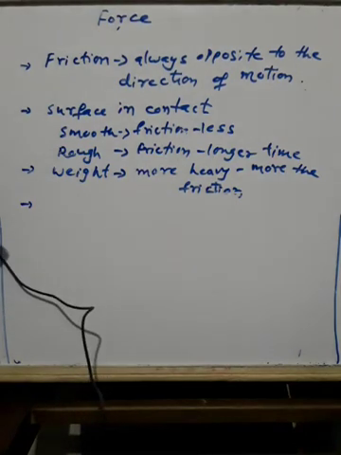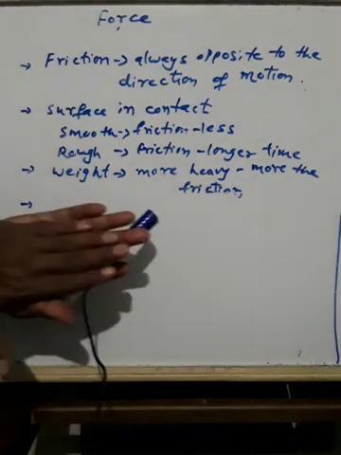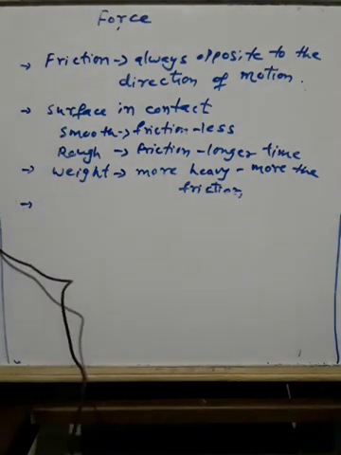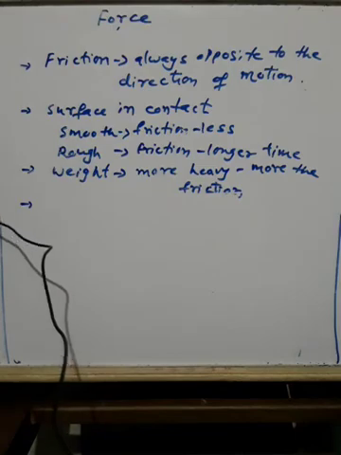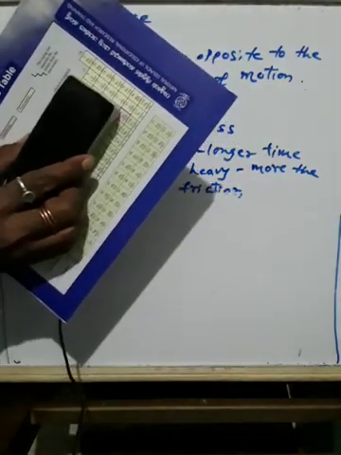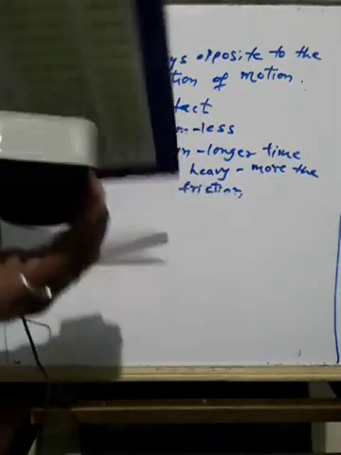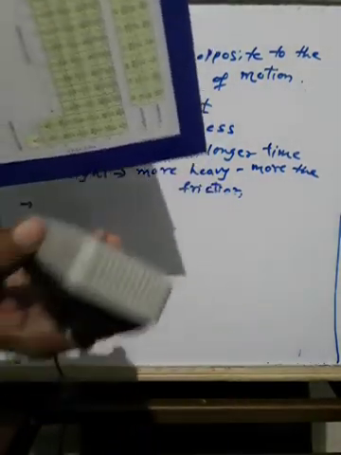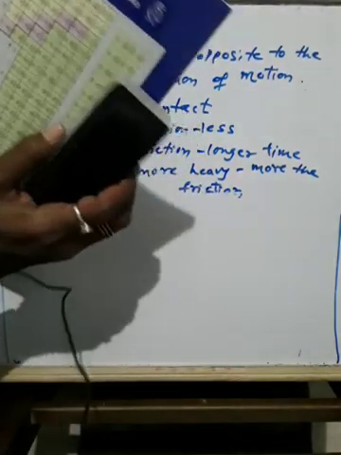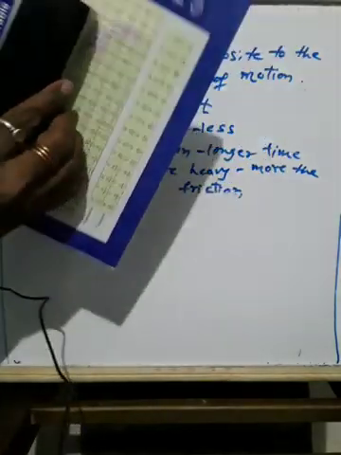Another theory is that when two surfaces come in contact, suppose you take this duster and this box, their atoms and molecules will pull each other. They contain small minute particles of atoms or molecules, and they are pulling each other, holding like this.